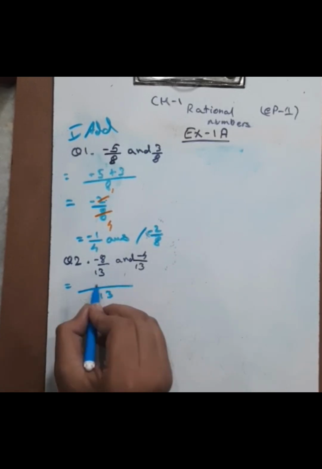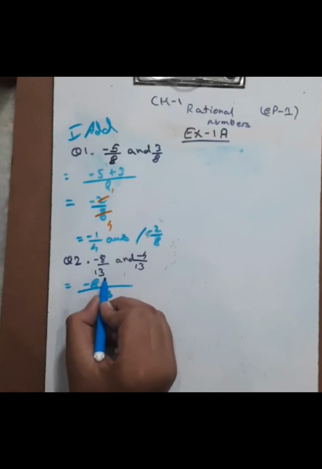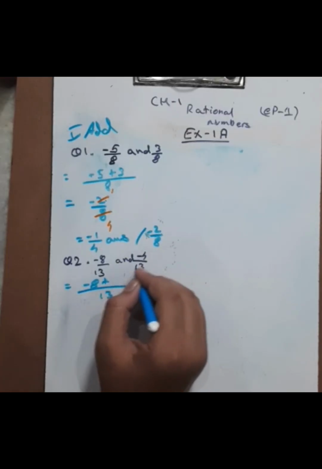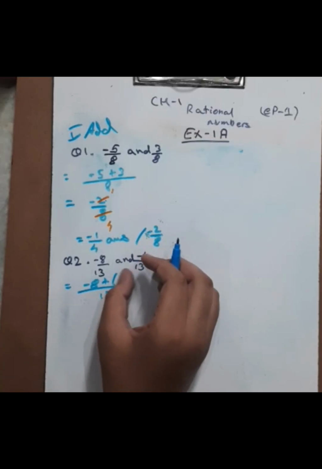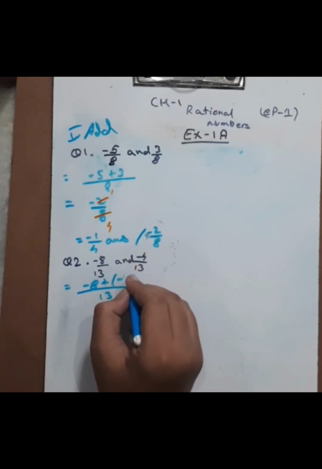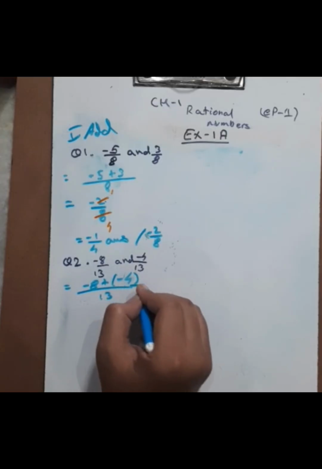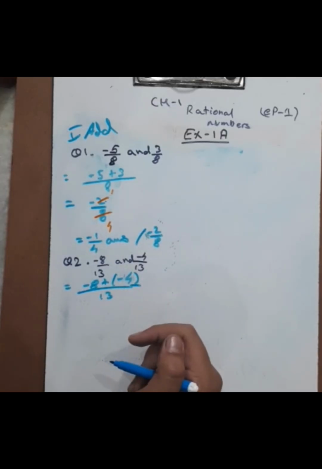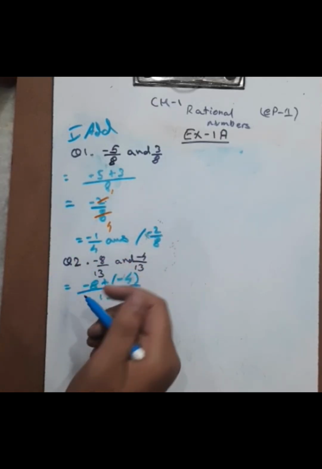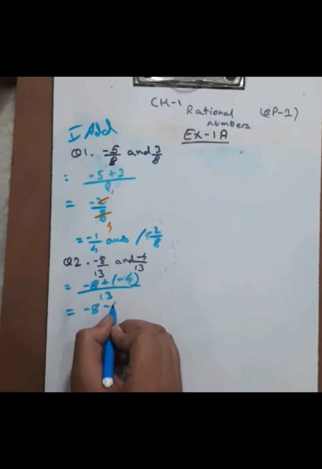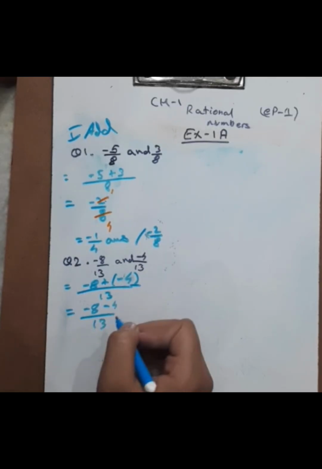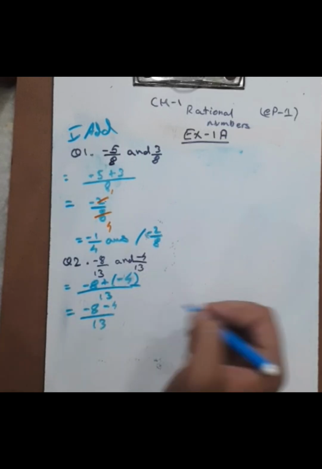So minus 8, plus, see, here is minus 4, we will bracket it, minus 4, bracket close. What is the formula for this? Minus 8 minus 4 by 13. Why? Plus minus is minus.